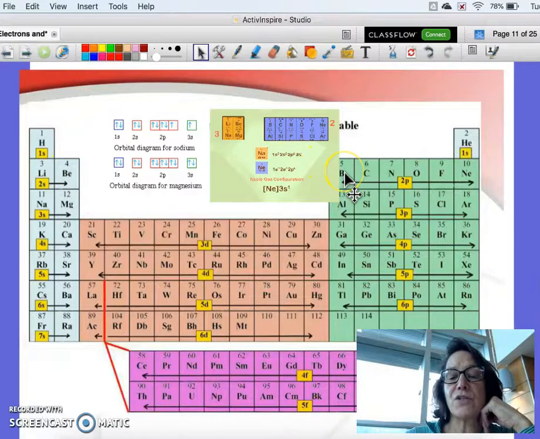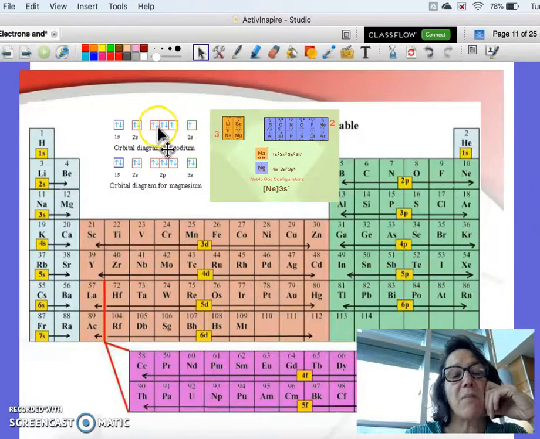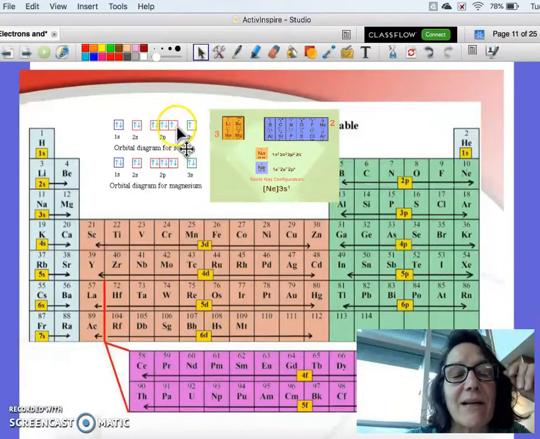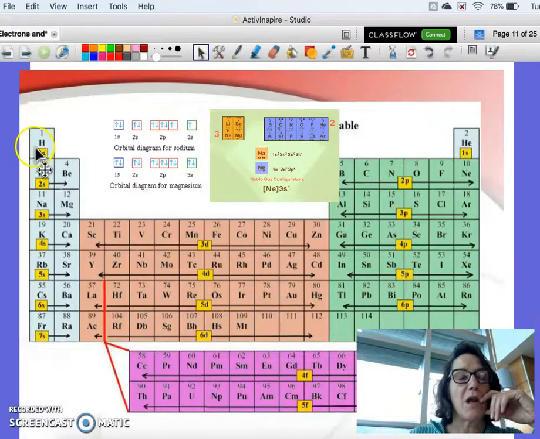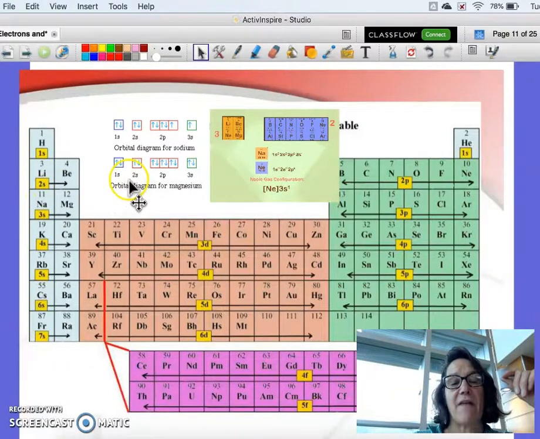Then I scoot over to the 2p. Remember, I have to draw the 3 lines to show all 3 orbitals because you want to get in the practice of showing them like up-down arrows. Then I go all the way to neon. I filled up my 2p. I don't know why there's not a little arrow there. I just realized that. There should be. I go to the 3s. There's sodium. It has 1 electron in the 3s. And again, I can check that.